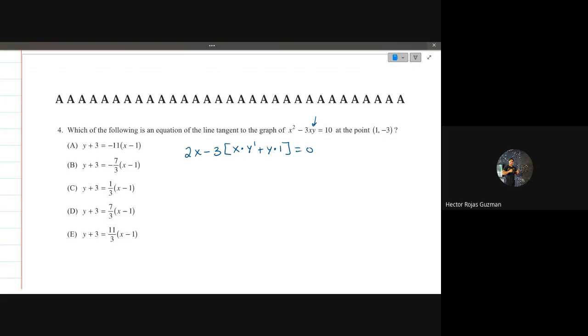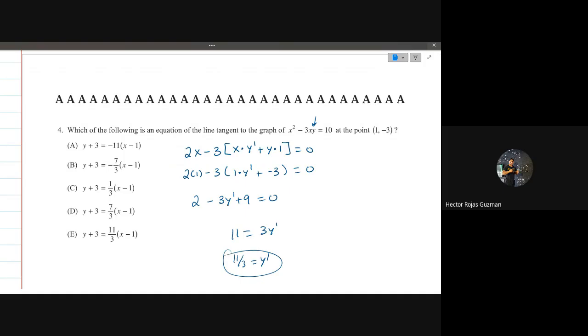And because I'm looking for my tangent line, I need to get the slope. So I'm going to go ahead and plug in my point already. Let's keep these matching. Okay, we get 2 minus 3y prime plus 9 is equal to 0. 11 is equal to 3y prime, 11 over 3.